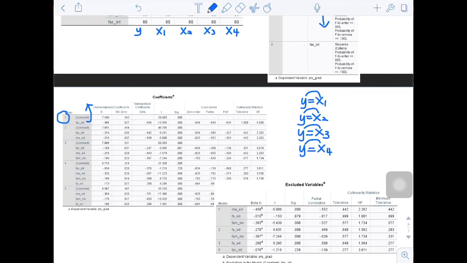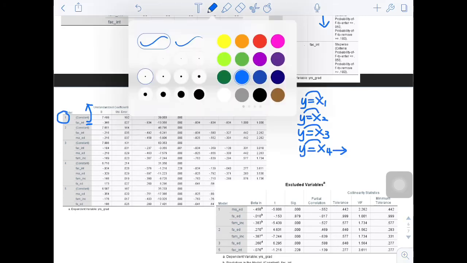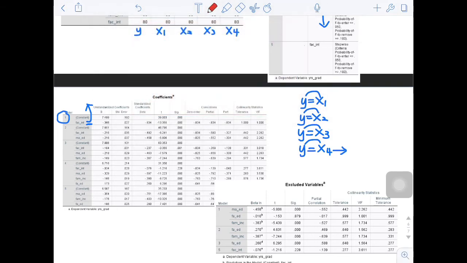According to our model 1, it is evident that faculty interaction was chosen first. So this has the best selection criterion. Maybe this was selected simply because it was highly correlated earlier. Then in model 2, when it ran again, it selected faculty interaction and also mother's education.